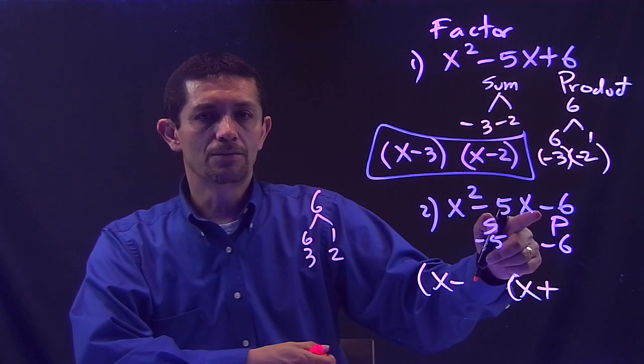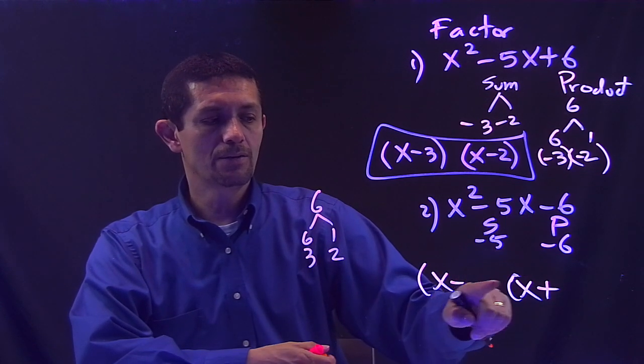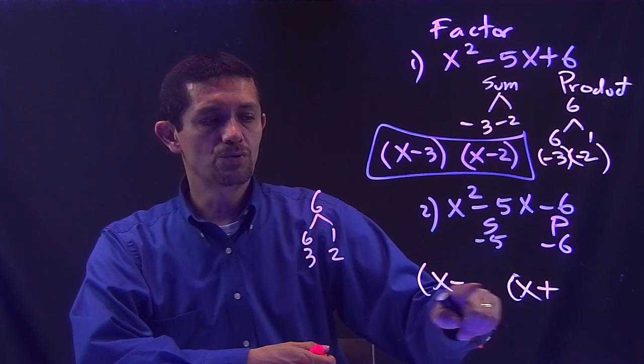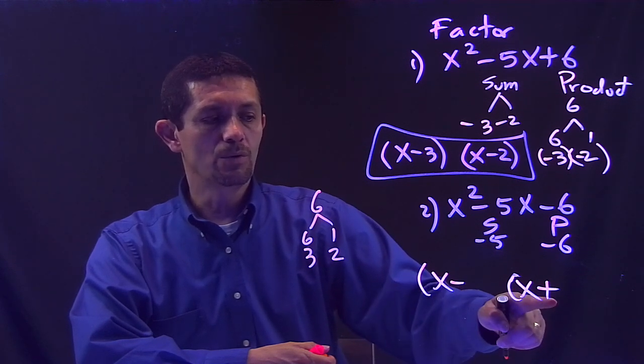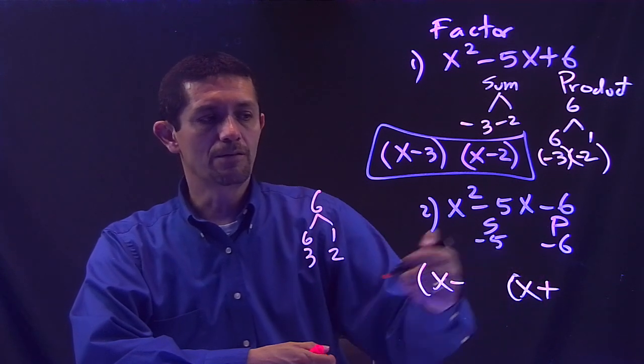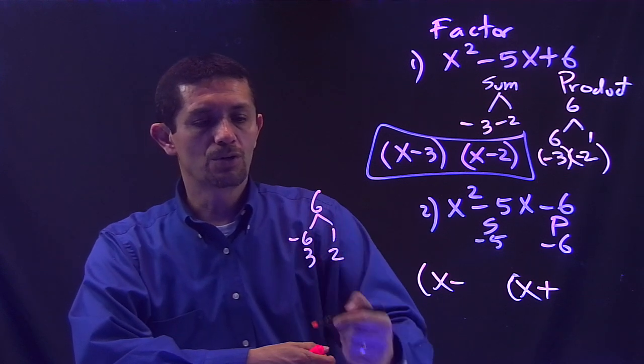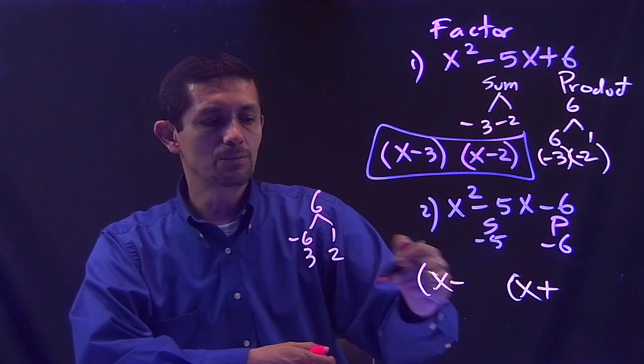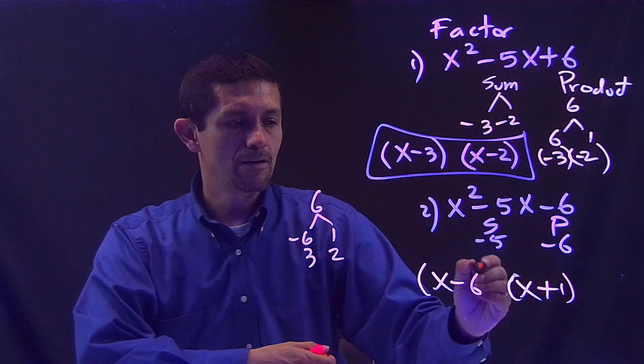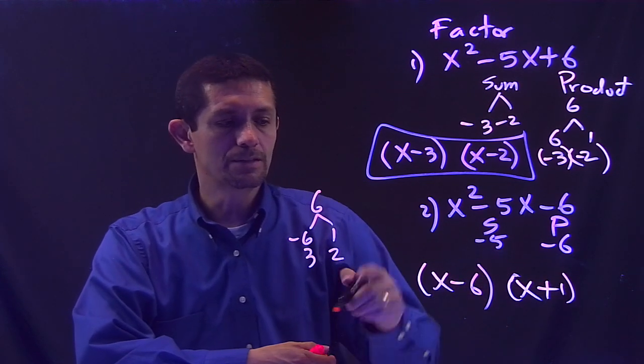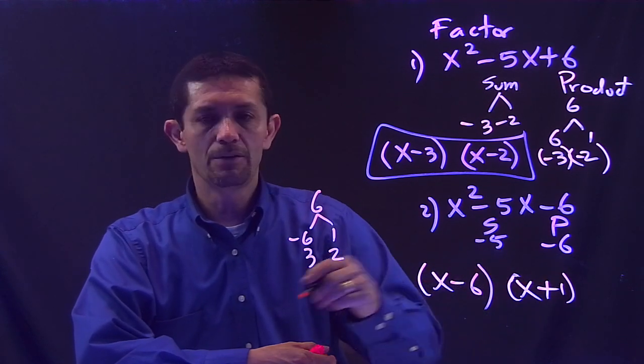The product is negative, so I'm going to have a negative and a positive. So one number is negative and the other is positive. Try negative 6 and positive 1: that gives you negative 6, and negative 6 plus 1 gives you negative 5.